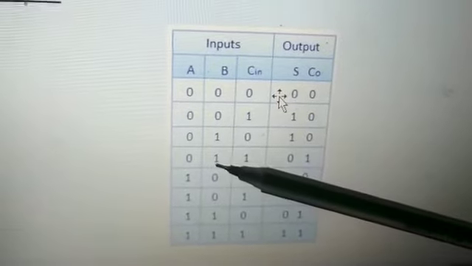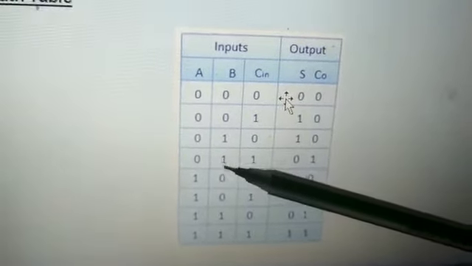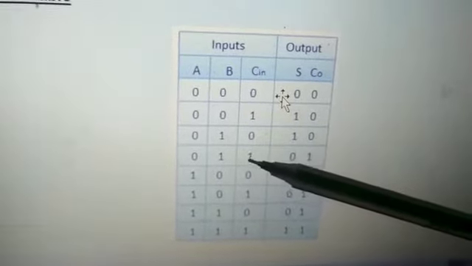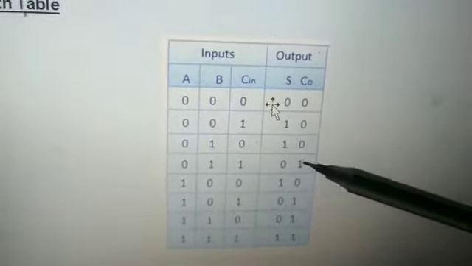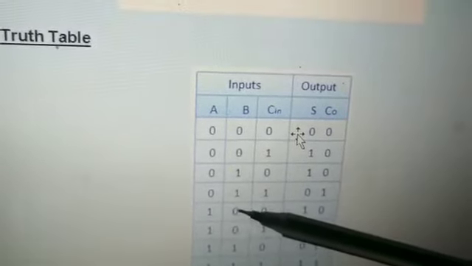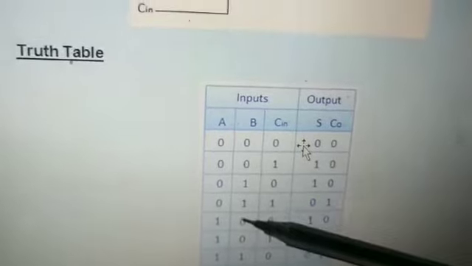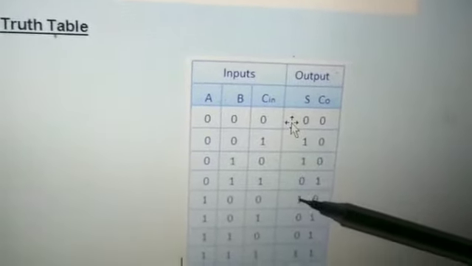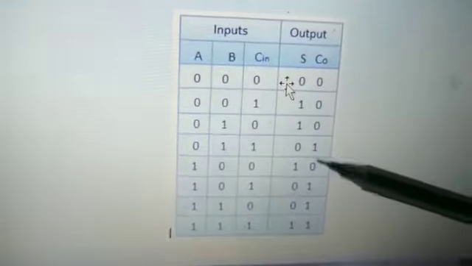0 plus 1, the answer is 1. But again if we have a carry from the previous bit, 1 plus 1 is what? 0, and carry is 1. 1 plus 0 is 1. Again with carry 1, in the sum part there is a 1 and carry is 0.